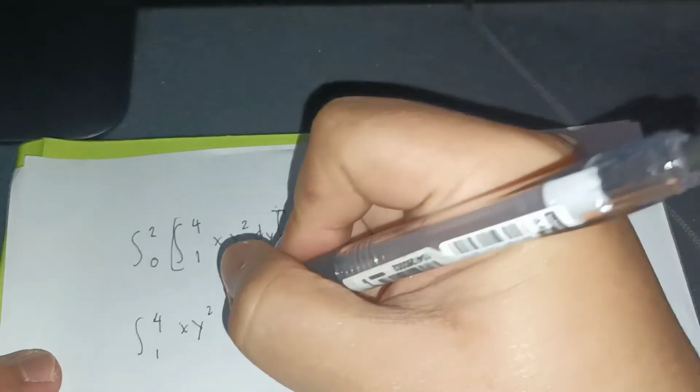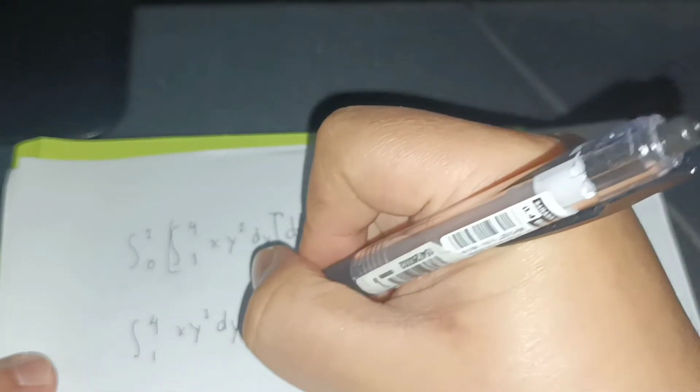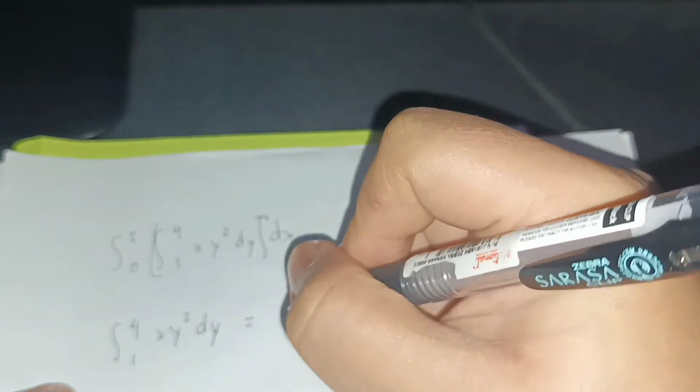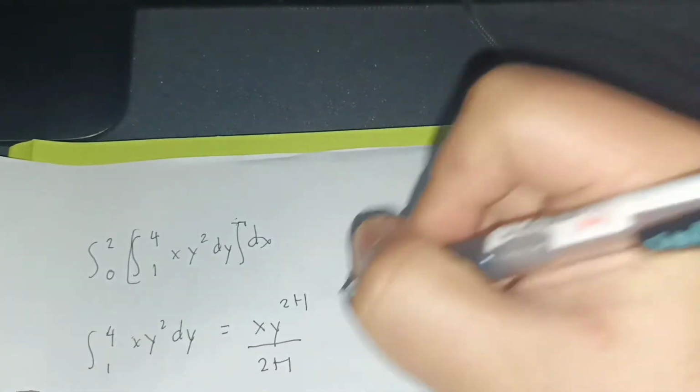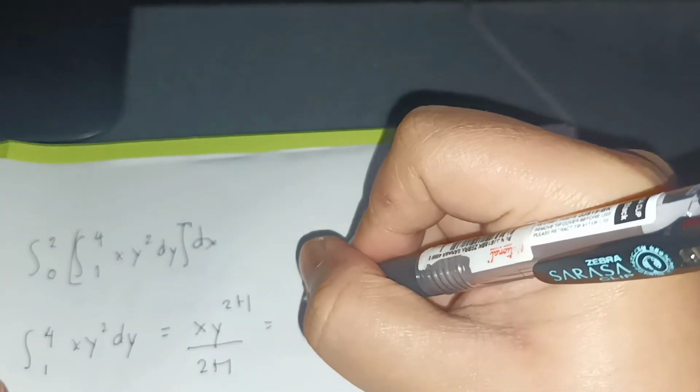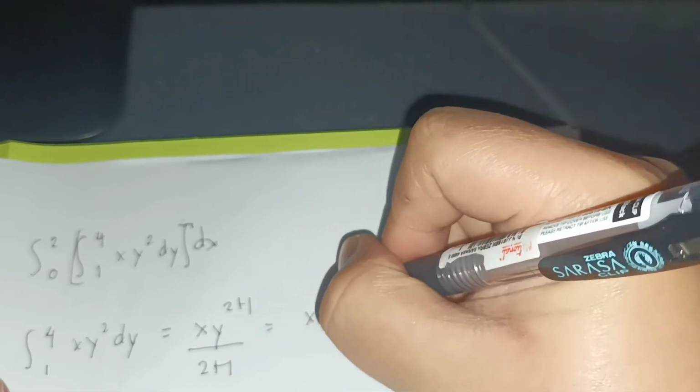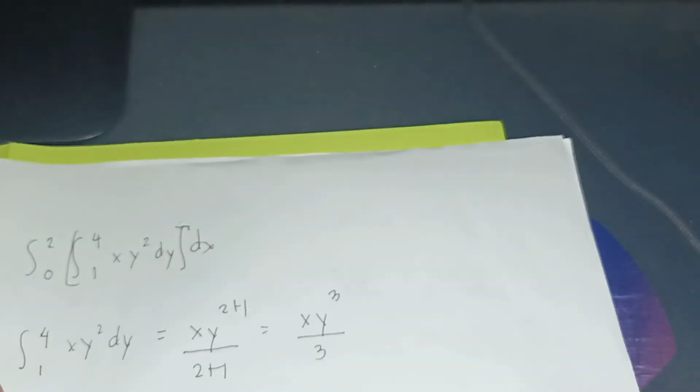So just bring down here the integral of 4 xy squared dy. We will now be looking for the antiderivative of y squared, where we add 1 to the exponent, 2 plus 1, and divide by 2 plus 1, which gives xy cubed over 3.